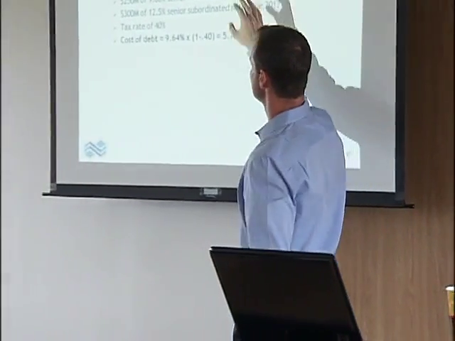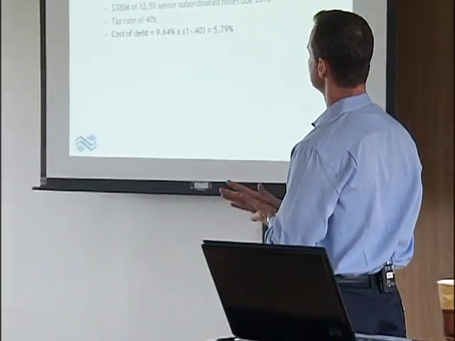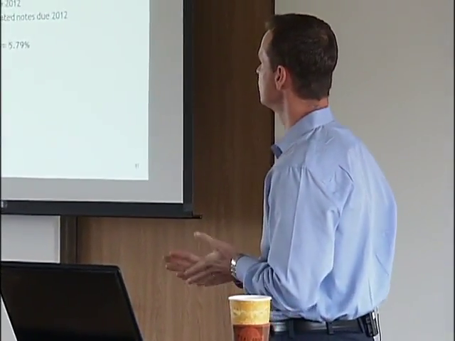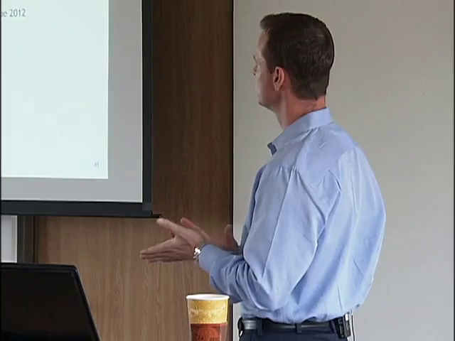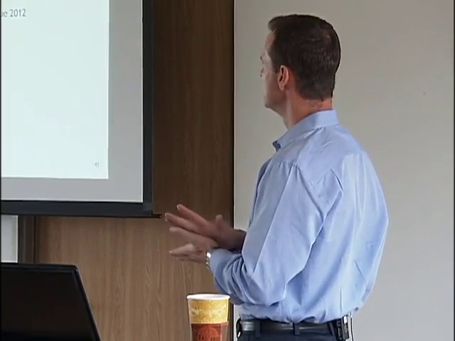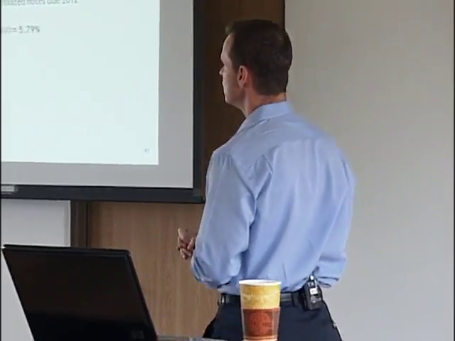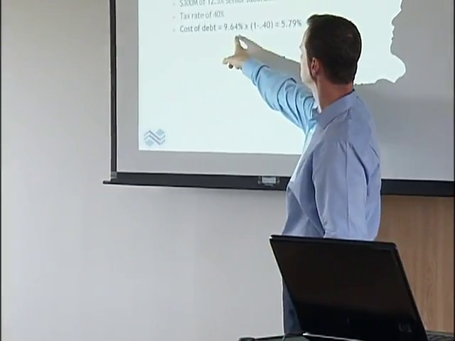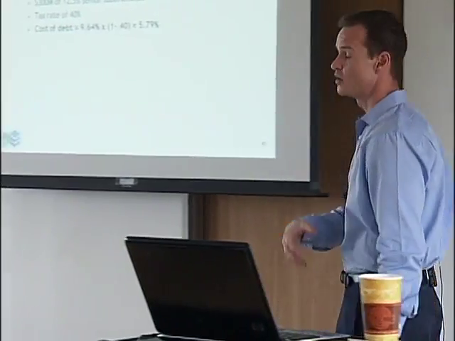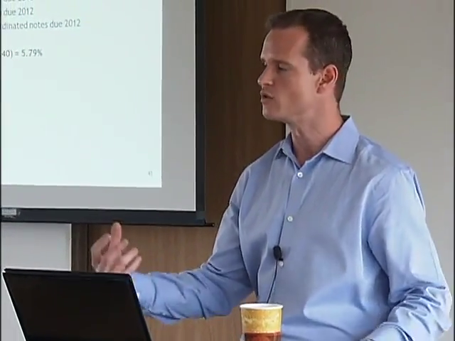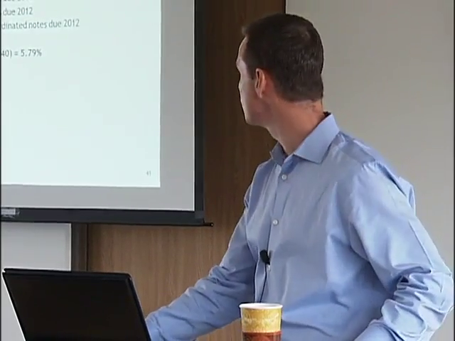So if a company has $500 million of 8.25% senior notes, $250 million of 9% notes, $300 million of 12.5% senior subordinated notes, and a tax rate of 40%, we take a weighted average of that, which gives us 9.64%, multiplied by 1 minus the tax rate to account for that tax shield, giving us a weighted average cost of debt of 5.8% in this case.